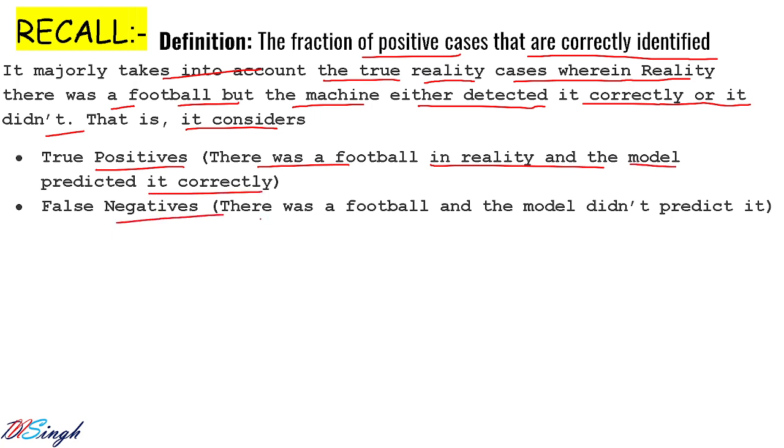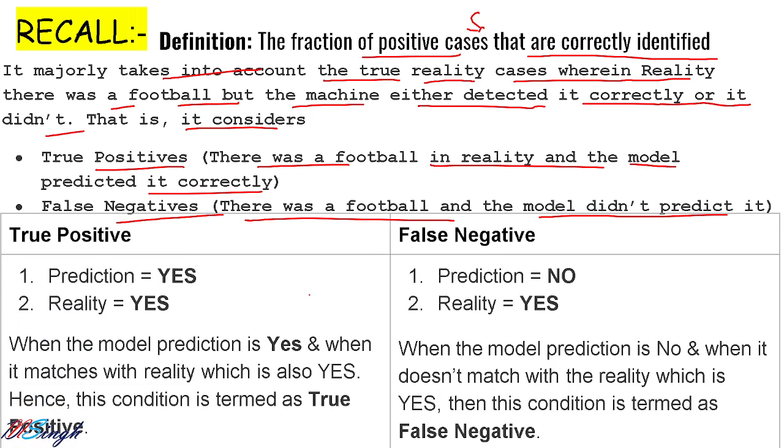False negative says that there is a football but the model doesn't predict it correctly. So to take these into account, we will go for recall: the fraction of positive cases that are correctly identified. There are more positive cases, but some of them are correctly identified. Prediction is yes, reality is yes. So this is the scenario of true positive.